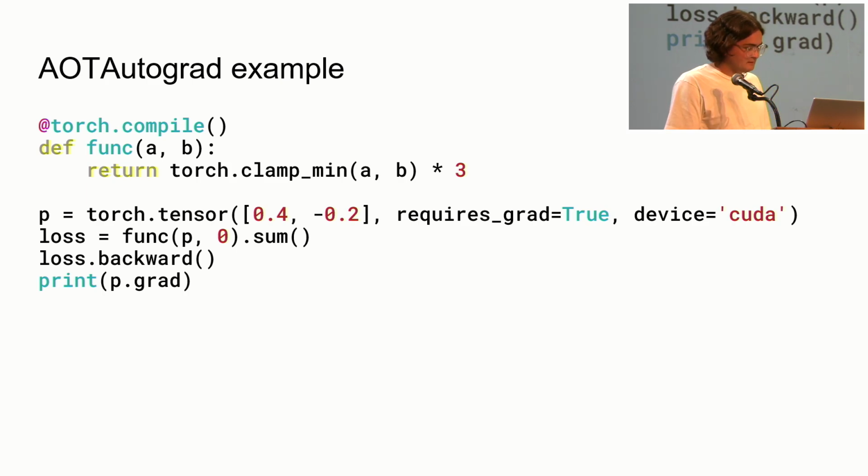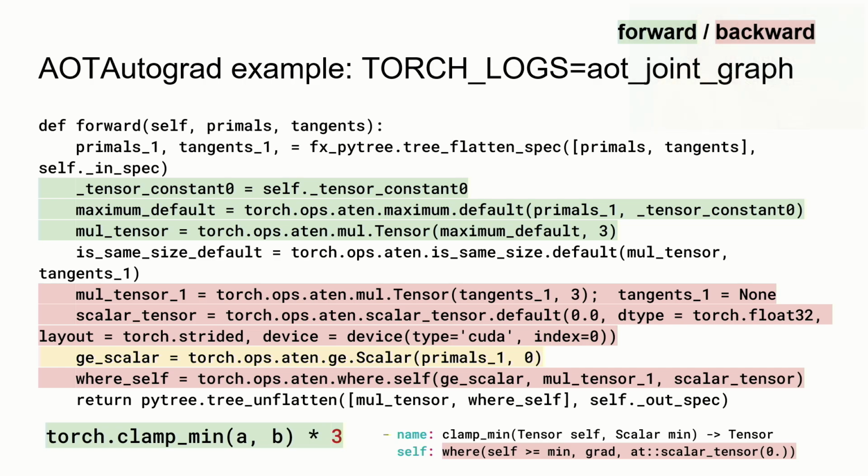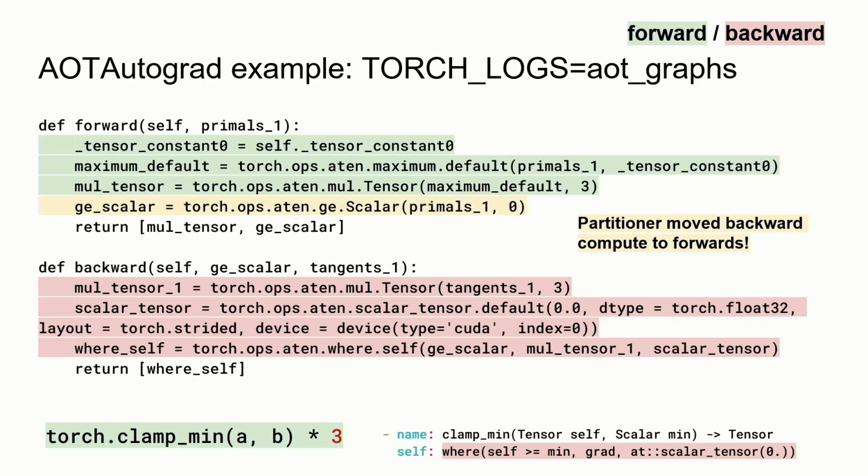So this is back to our earlier example. The first thing that AOTAutograd will do is it will run both the forward and backward into one joint graph, and then partition it. So if you see the where self greater than or equal to min, that's the backward formula, and it's all together in one graph.